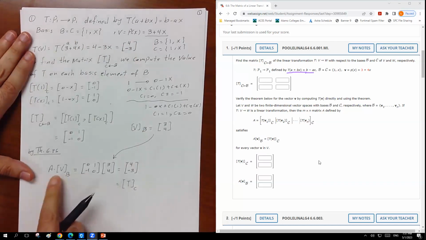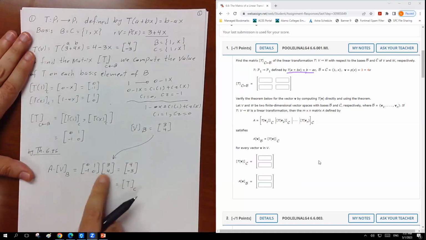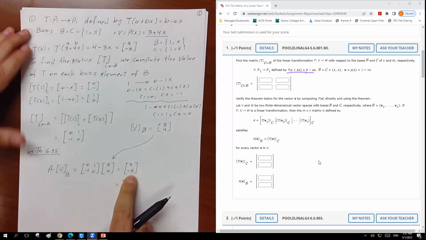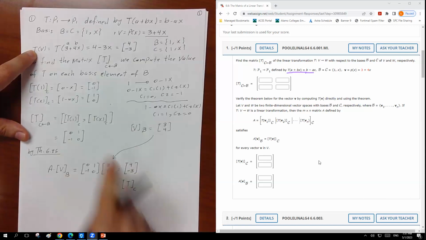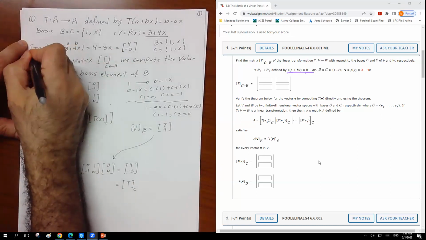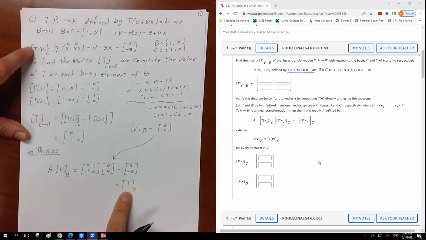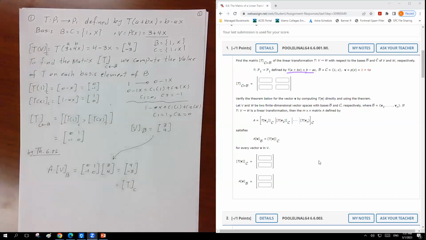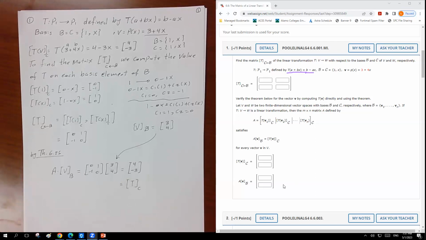And A times the vector v is going to be, here is the matrix, we multiply with the vector, and it is going to be (4, -3), which is the same thing as the transformation of v with respect to the base C, which is here. So we got this one equal to the transformation of v with respect to the base C. That's why we proved the theorem, because we get two equal sides.